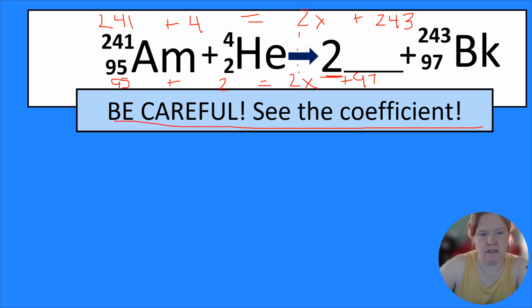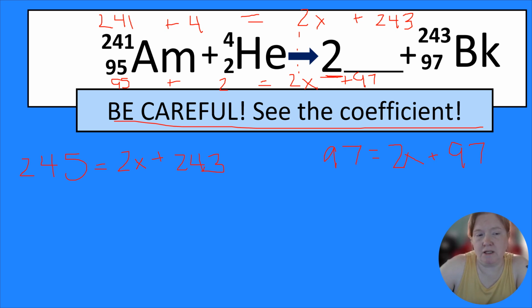Okay, so let's look at the top. So that gives me 245 equals, right, 2x plus 243. And then for the bottom, I get 97 equals 2x plus 97.